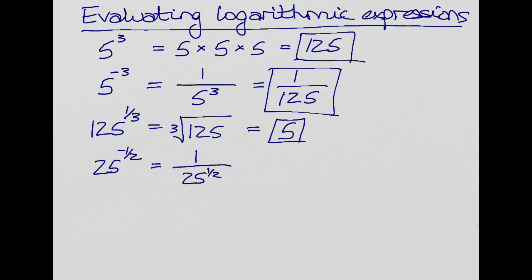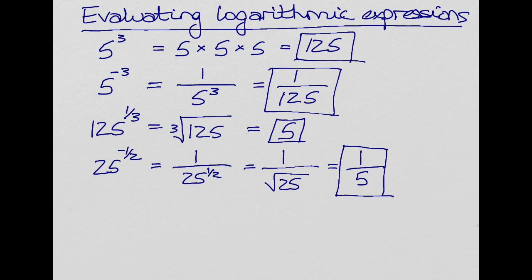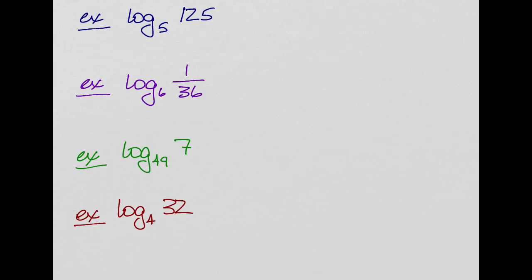But 25 to the positive 1/2 power, that's the second root, or the square root. And the square root of 25, we know that one, is 5. Don't stop until you're simplified as much as possible. And there we go. So 25 to the negative 1/2 power is 1 over 5, 1/5. So just to recall those to mind, because we're going to need them when we start evaluating logarithms like this.